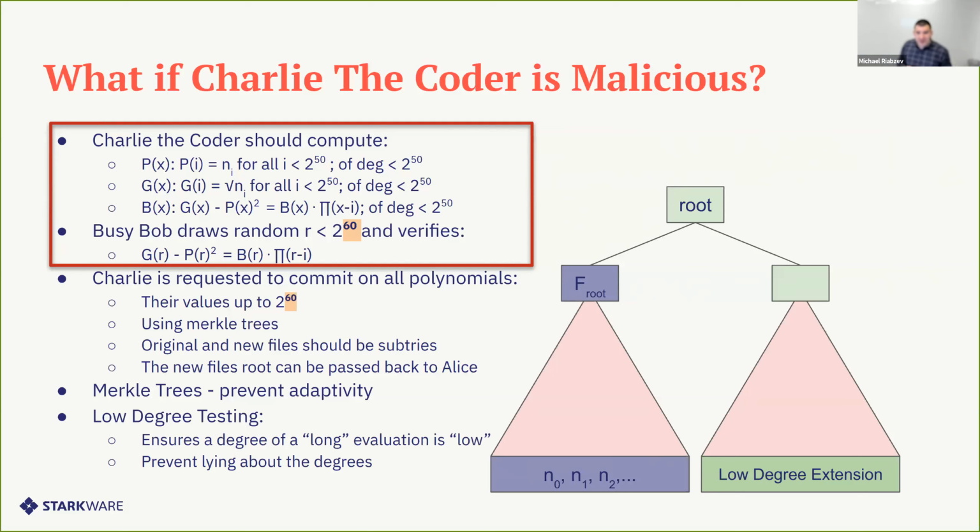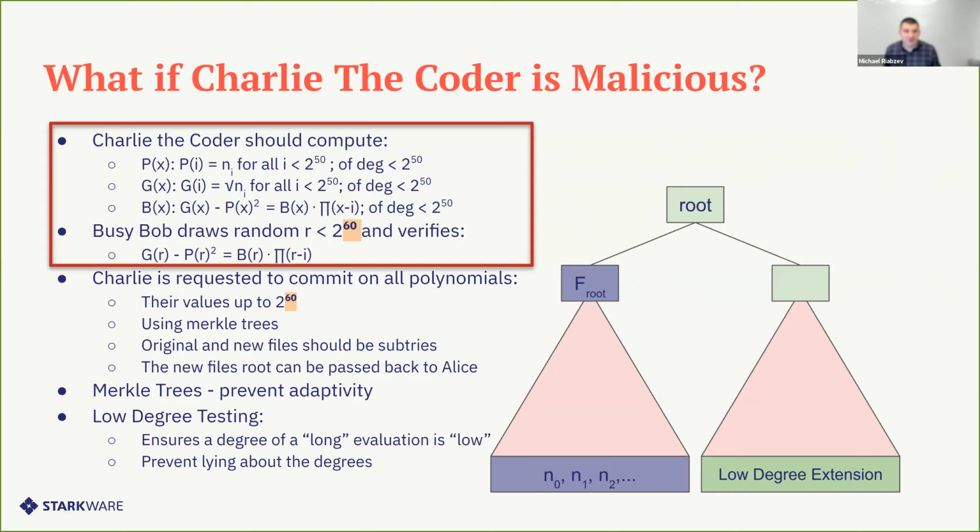But there is another issue here, because the soundness of Bob's test required both sides to be low degree. But if Charlie is malicious, Charlie could somehow cook the values, these evaluations, to satisfy this equation with high probability. But in order to do it by the analysis we did before, those evaluations could not be low degree.